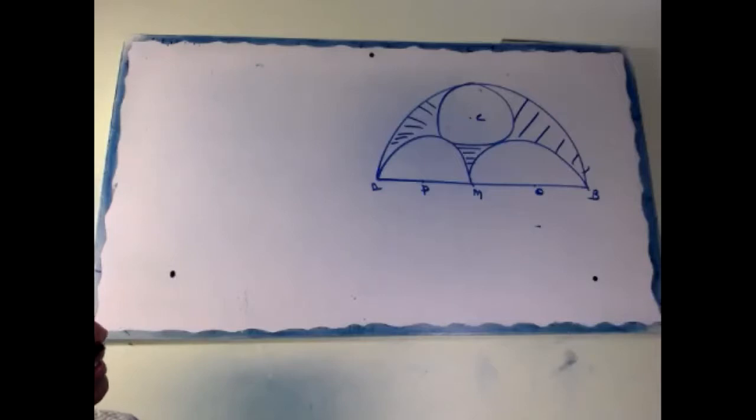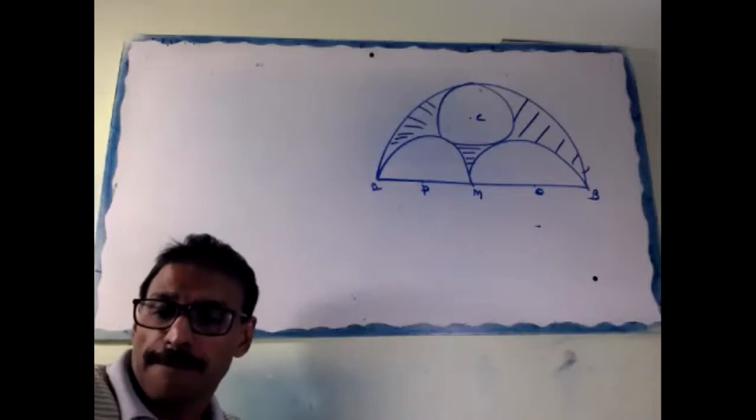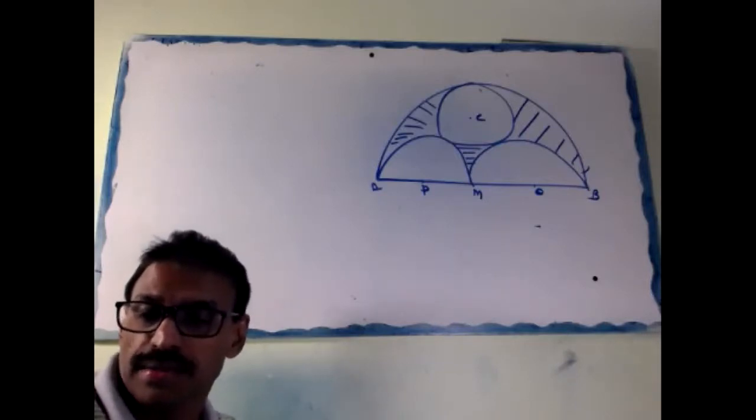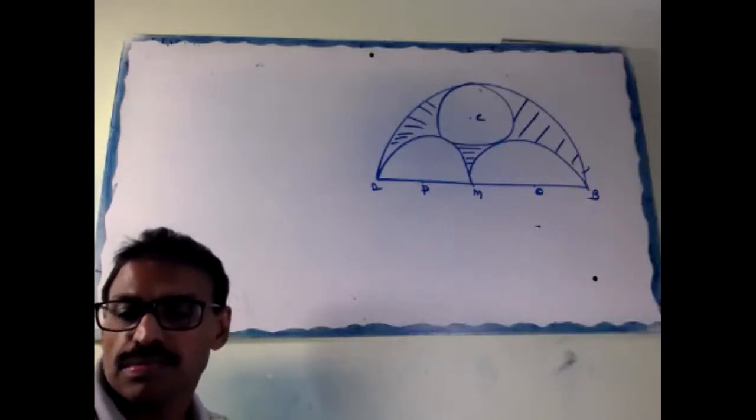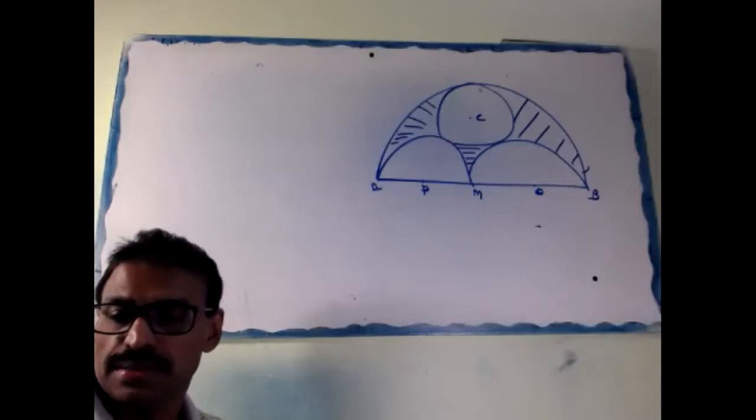Any other suggestion? Come on, you can suggest now, maybe correct, maybe wrong. Make a perpendicular from C, use the Pythagoras theorem to get the radius. Which join?